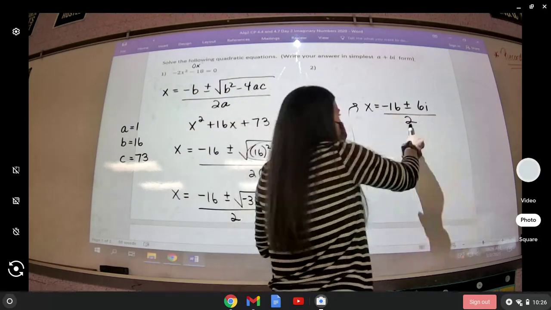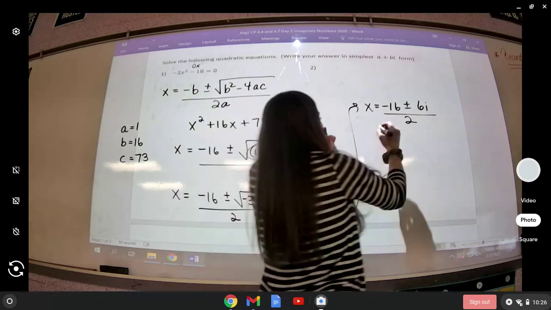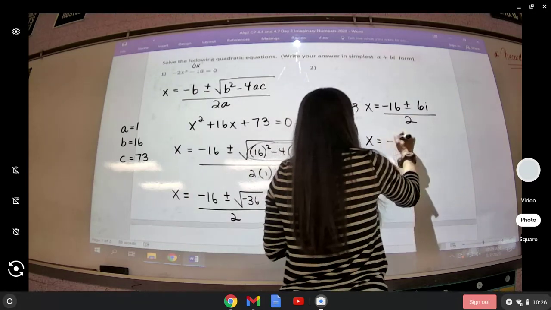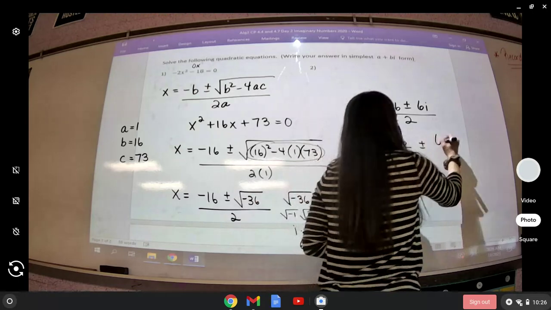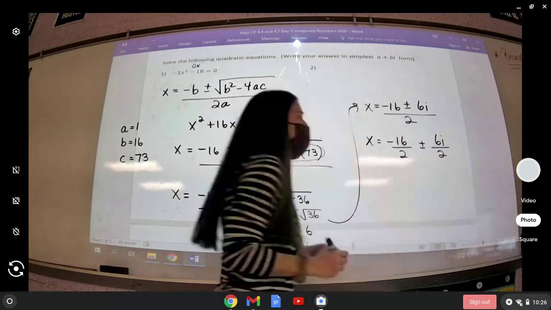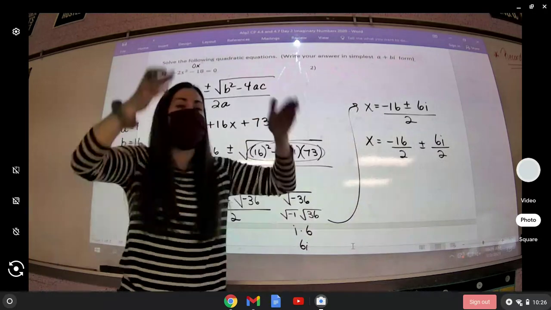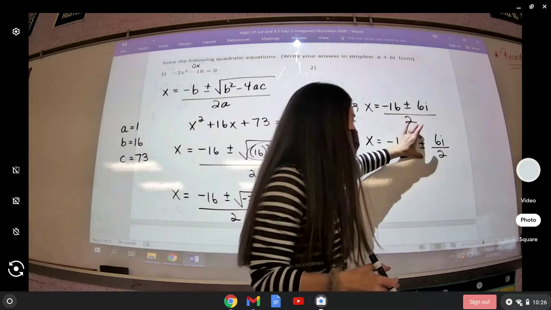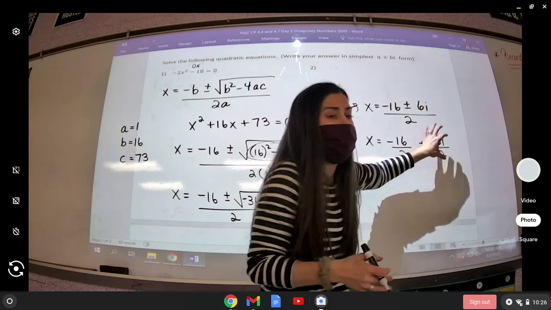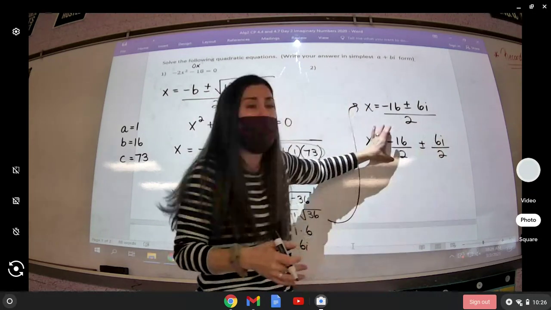Give everything on top its own denominator of 2. So we're going to split this into x equals negative 16 divided by his own 2, plus or minus 6i divided by his own 2. All right, and now we can deal with each fraction individually. So guys, this is a plus or minus, this is your bi. This is your imaginary part, this is your real part.